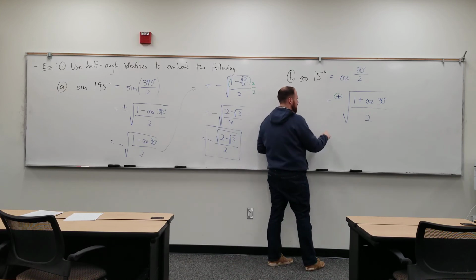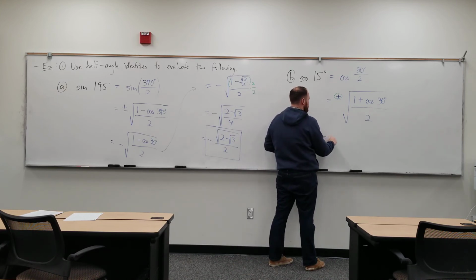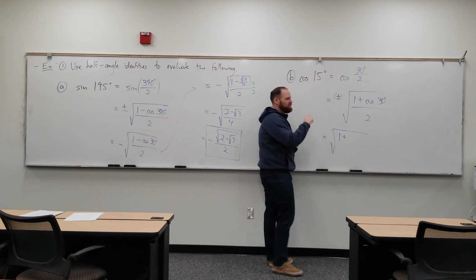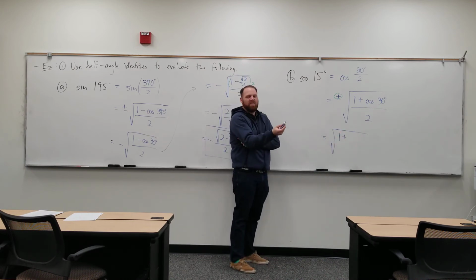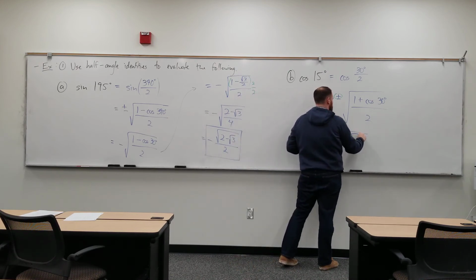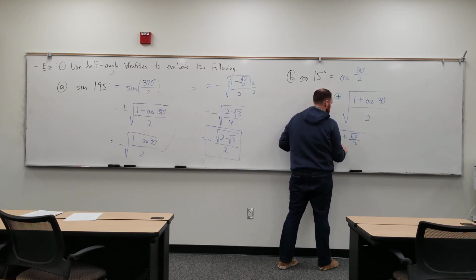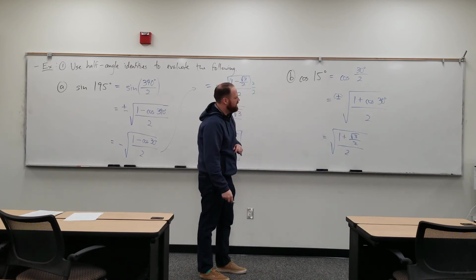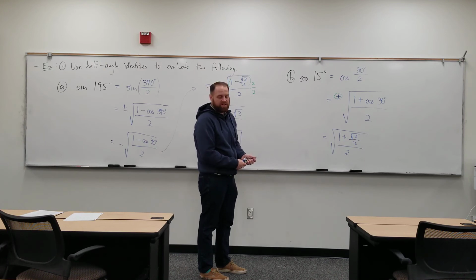So this is the square root of 1 plus cosine 30 degrees, and again, cosine 30 degrees is root 3 over 2, all over 2. Then same tricks as before.